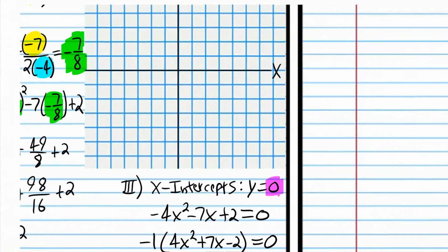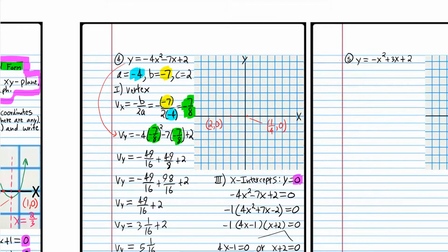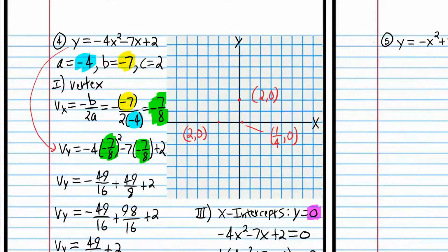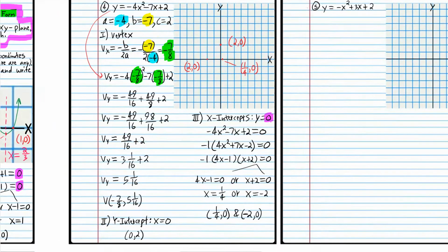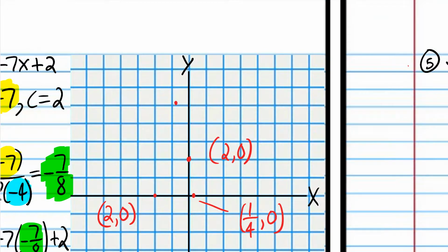That looks right. And the y-intercept is 0, 2. And the vertex is negative 7/8 and 5/16. 1, 2, 3, 4, 5.